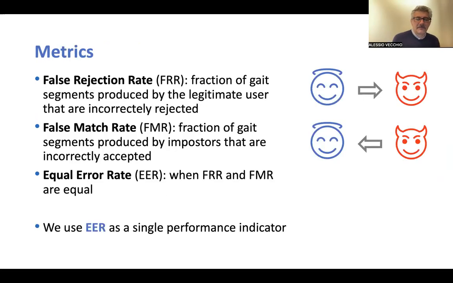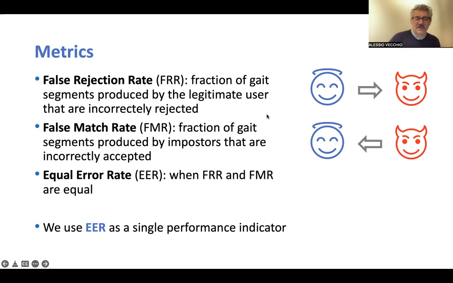And here we have the metrics that we used for understanding if the authentication procedure is operating correctly or not. First, we have the false rejection rate, that is the fraction of gait segments produced by the legitimate user that are incorrectly rejected. So the real user is wearing the device, but is incorrectly recognized as an impostor.